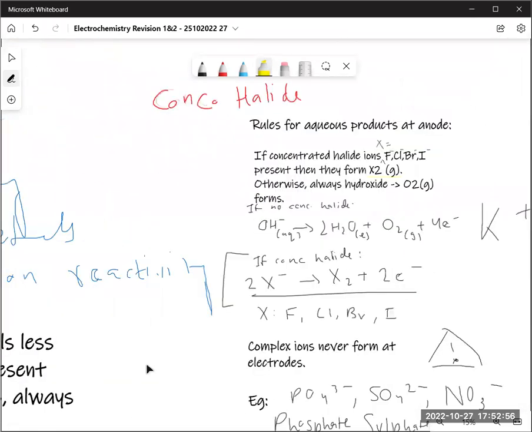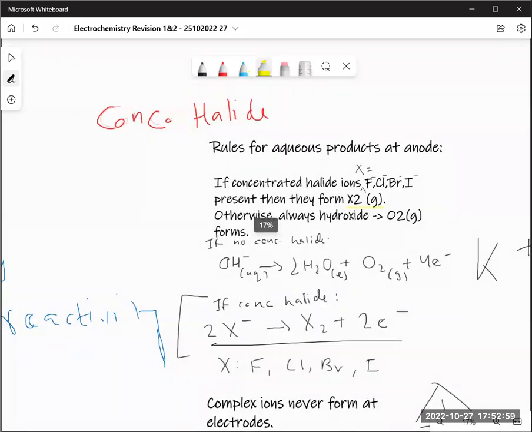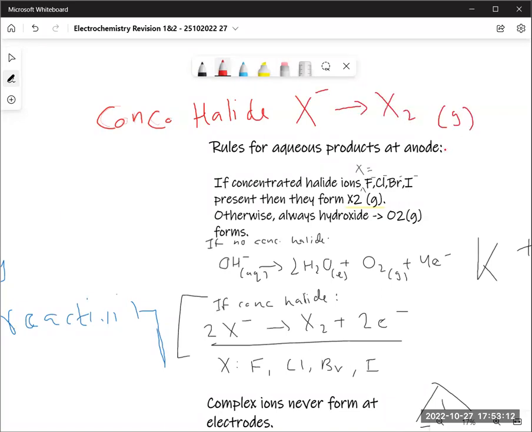So let's just recap one more time. If concentrated halides are there, then any halide X minus, a negative ion, will give us X2 gas. If these are not there, then otherwise OH minus will give us O2 gas. The equations are here.